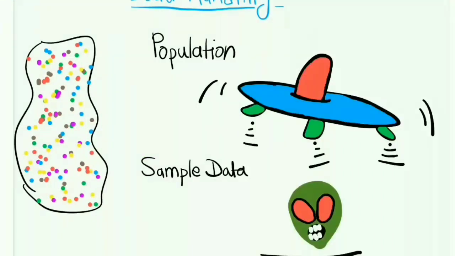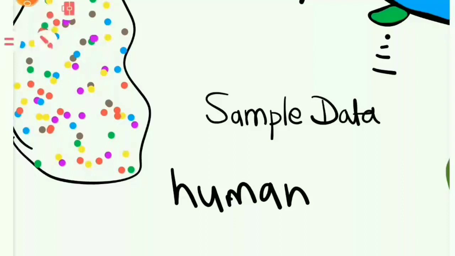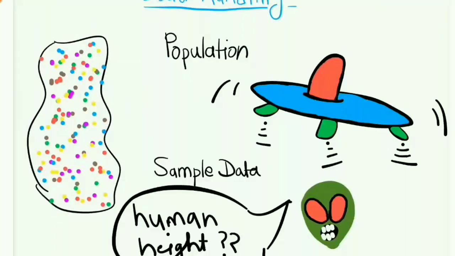Now imagine some alien has come out of space by spaceship, and this alien is asking what is human height on earth. Now how will we answer that?